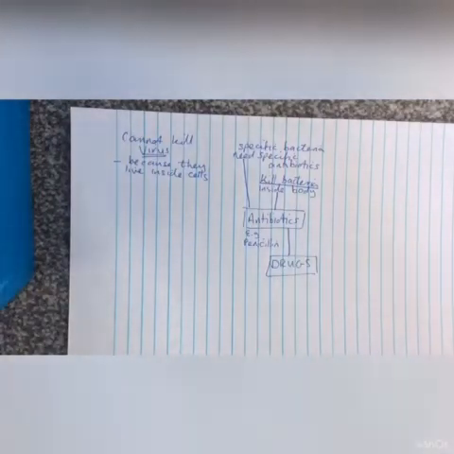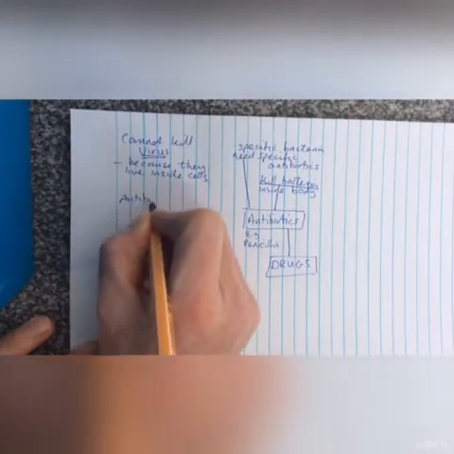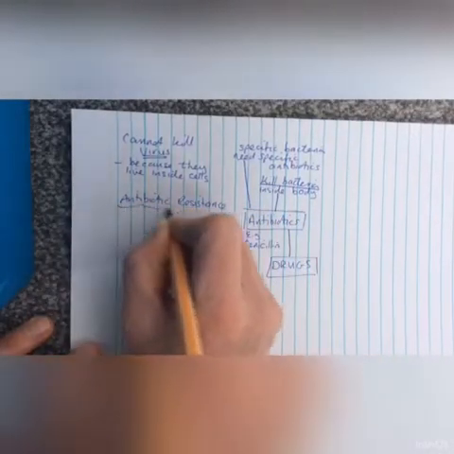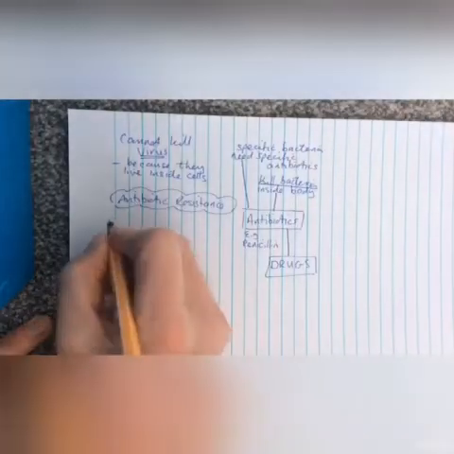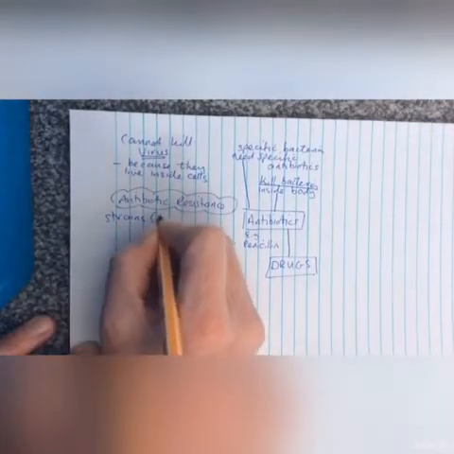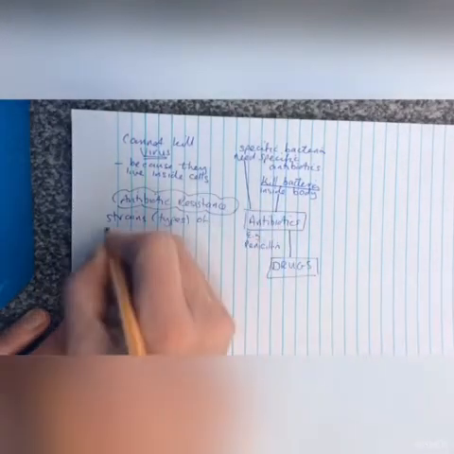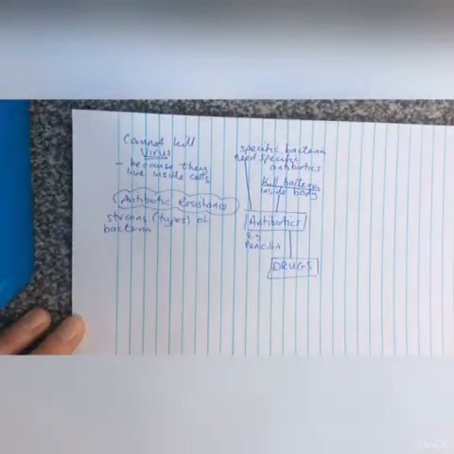Okay. There is a problem with antibiotics, and that is something called antibiotic resistance. So the trouble with antibiotic resistance is that some antibiotics actually don't work anymore on particular bacteria. So there are certain strains of bacteria, and strains just basically means types. But there are strains of bacteria that are resistant to certain antibiotics. They've basically evolved to become resistant, and we'll look at that at a later date.